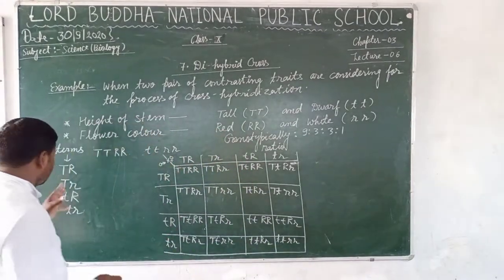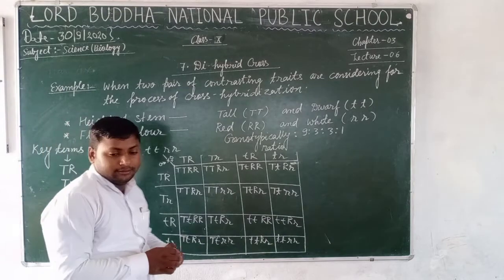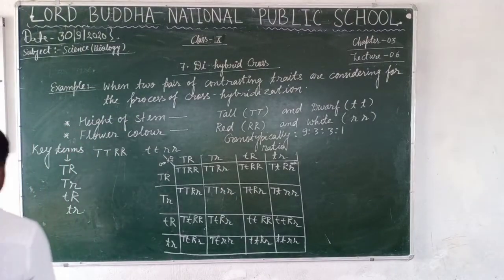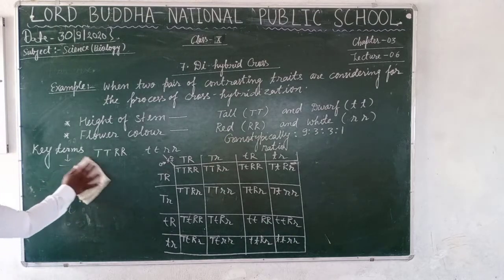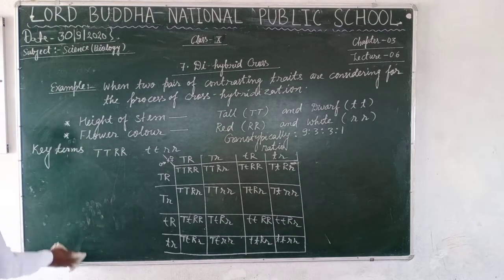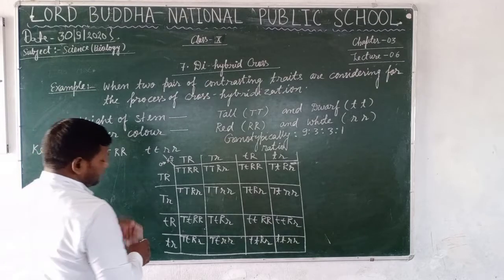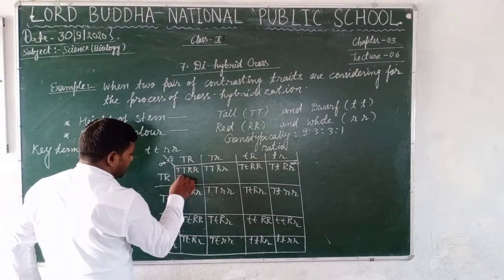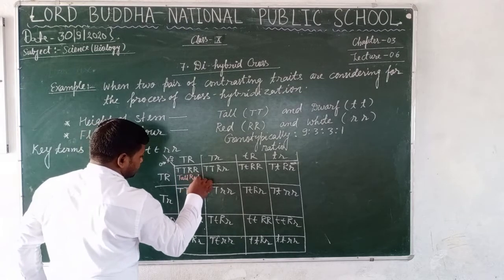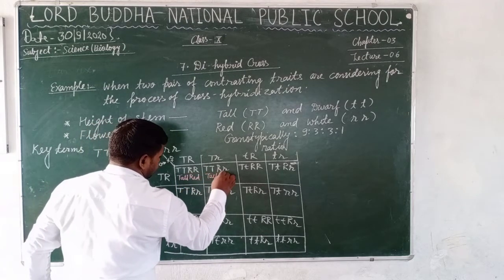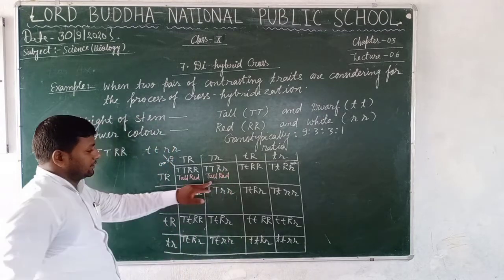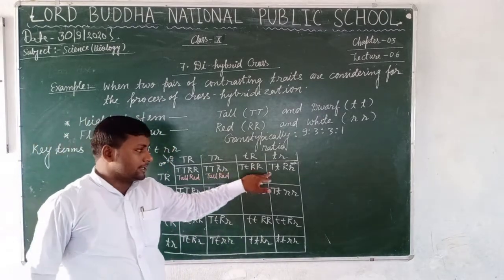Now students, how do we calculate the phenotypic ratio? The results should be calculated here by referencing them as tall red. This is also tall red. If one dominant trait is present, then it overrides the recessive one.